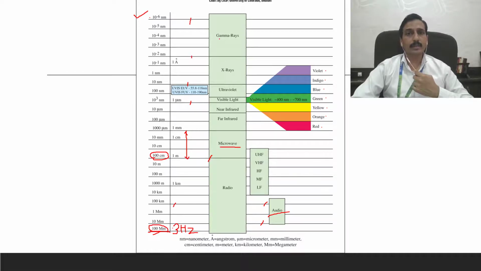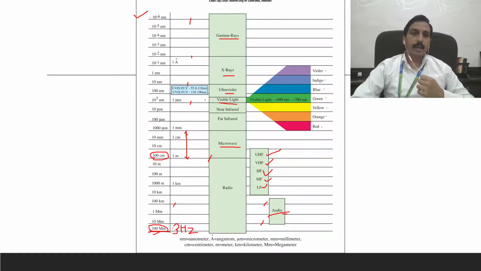So from 100 megameters, meaning thousands of kilometers, to 10 raised to minus 6 nanometers, for this much spectrum you can have a variety of applications related to audio, low frequency, medium frequency, high frequency, very high frequency or ultra high frequency, and beyond that you have visible light, ultraviolet light, X-rays and gamma rays.